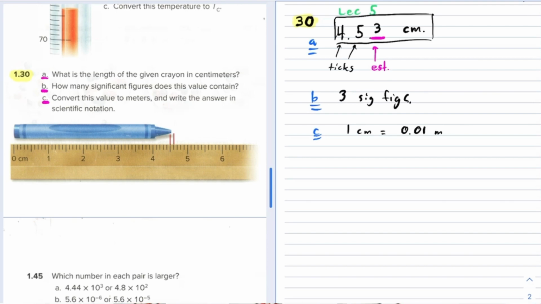I believe the prefixes are listed in table 1.2. Okay, so I'll write this table 1.2. So 1 centimeter is 100th of a meter.